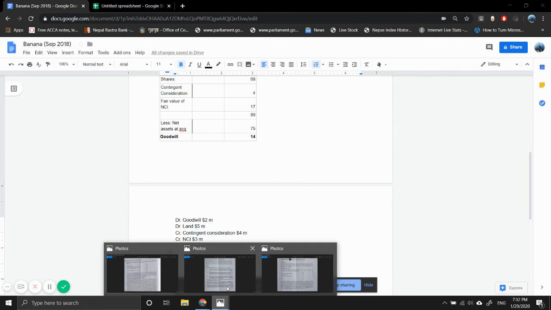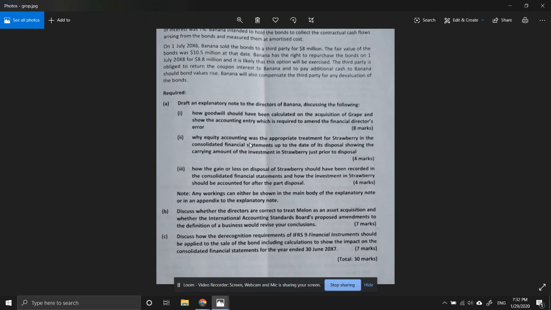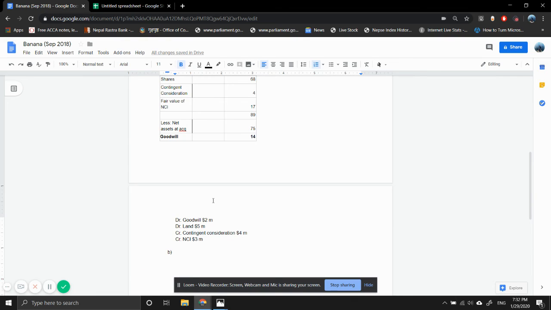So question number B. Why equity accounting was appropriate for Strawberry in the consolidated financial statements up to the date of disposal, showing the carrying amount of investment in associate just prior to disposal. 4 marks. Why was equity accounting suitable?